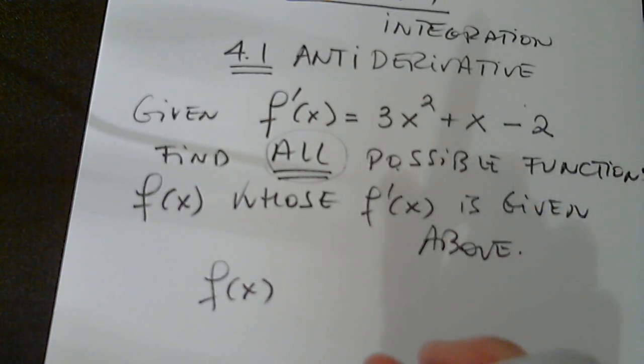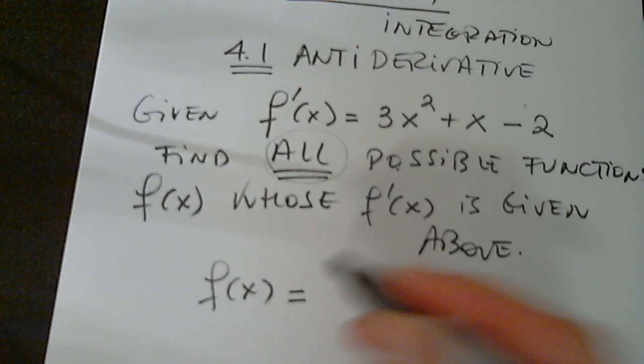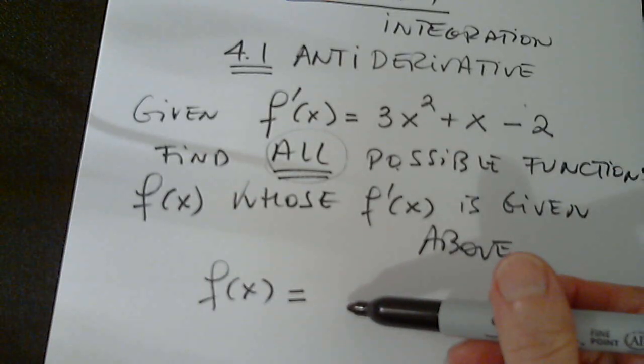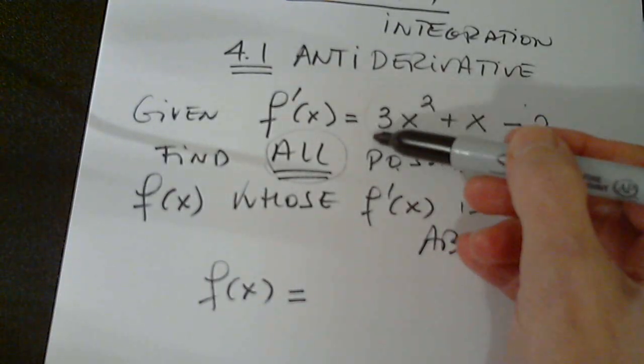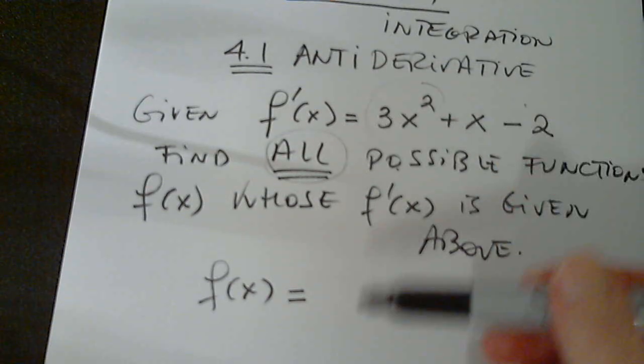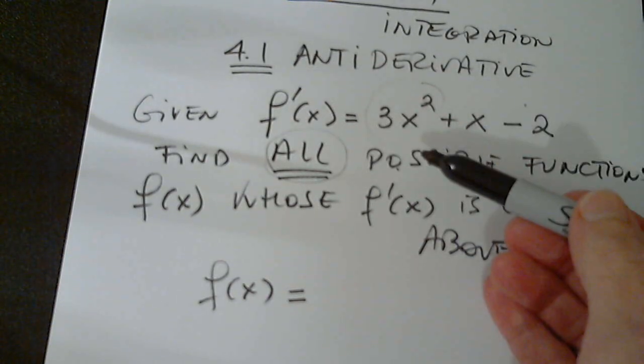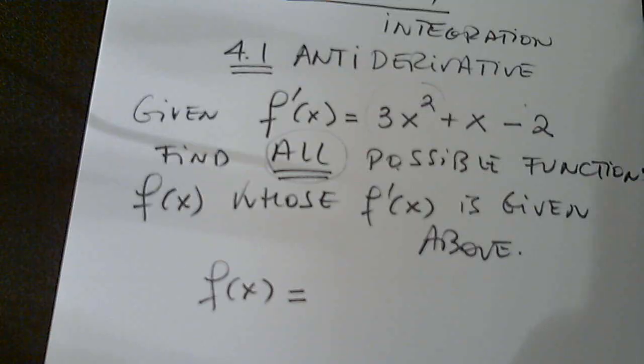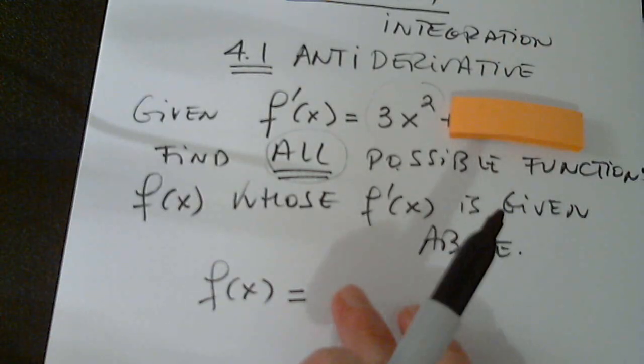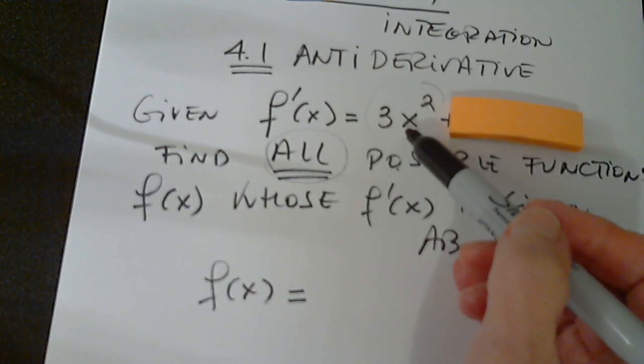Okay, so how do I determine the antiderivative? The function that I differentiate to get, so for now, let's take it piece by piece. So how do I get the function that I differentiate to get 3x squared?